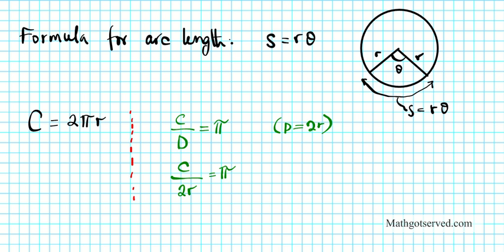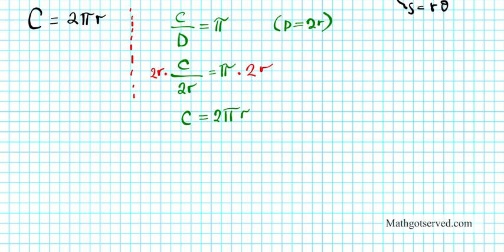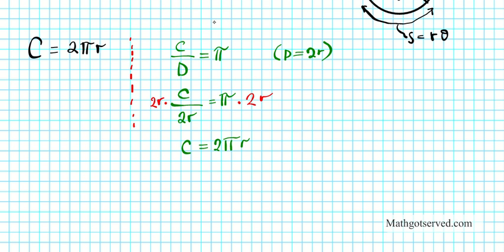To get C by itself, I'll multiply both sides by 2r. So I'm going to have the formula C equals 2 pi r. Okay, so that's where the circumference formula came from, C equals 2 pi r.